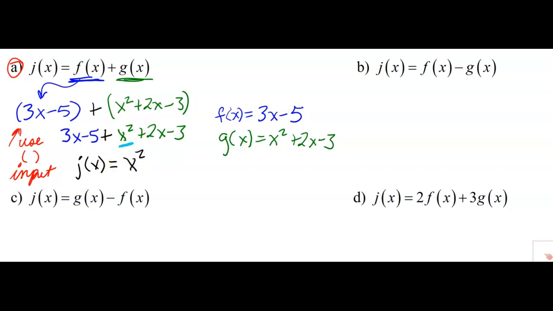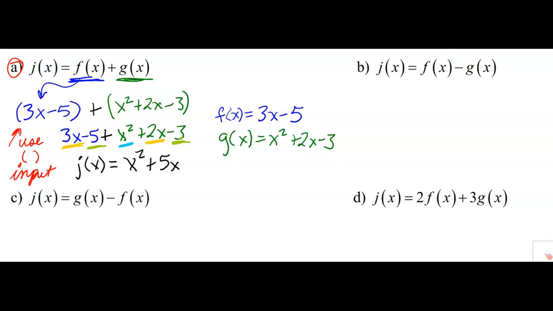If I look at the next one down, there's an x term, 3x. There's another x term, 2x. So 3x plus 2x is 5x. And then last, I'm looking at numbers. So minus 5 is a regular number. Minus 3 is a regular number.